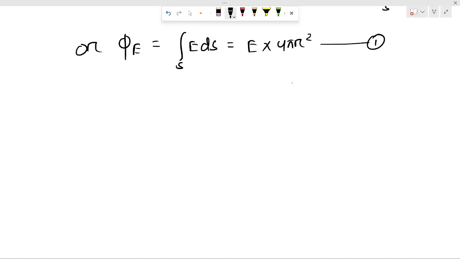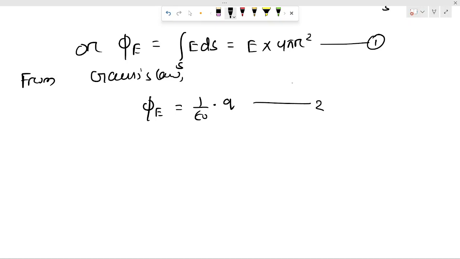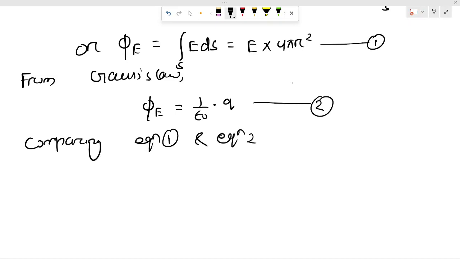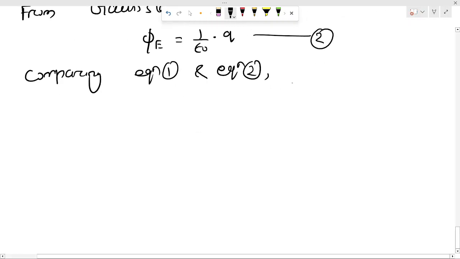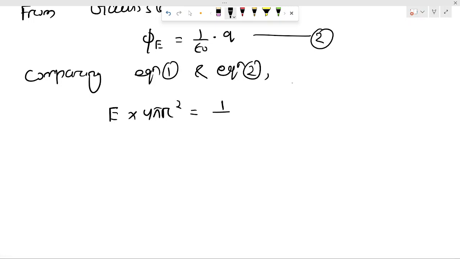Let me take this as equation number 1. So from Gauss law, what I know is that phi E is equal to 1 upon epsilon naught multiplied by Q, isn't it? Let me take this as equation number 2. By comparing both the equations, equation number 1 and equation number 2, I get E into 4 pi r square is equal to 1 upon epsilon naught into Q, isn't it?